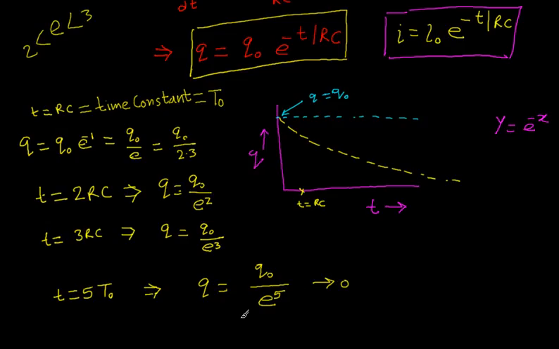So in general we say that after 5 time constants the capacitor will be 99.99% discharged.